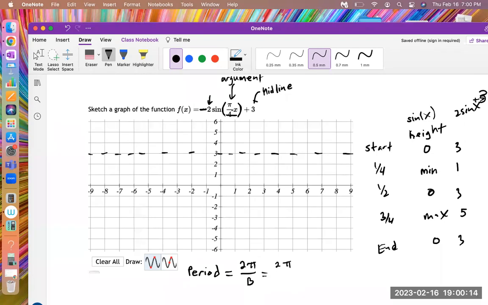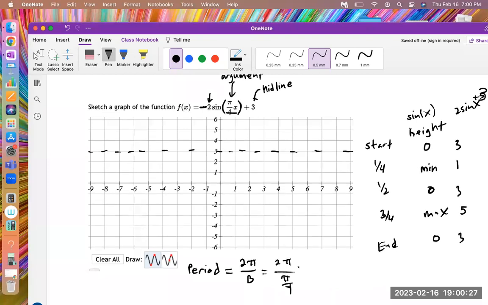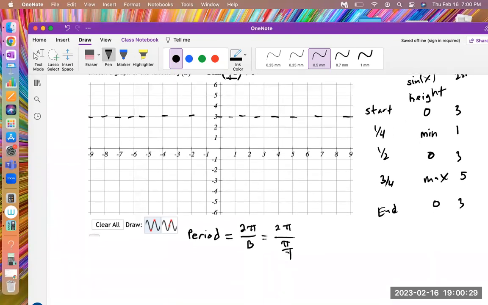B here is the coefficient on the variable in this argument, and it is pi over 4. So we have to remember carefully how we divide fractions like this. This is the larger fraction bar, so it means 2 pi divided by pi over 4.